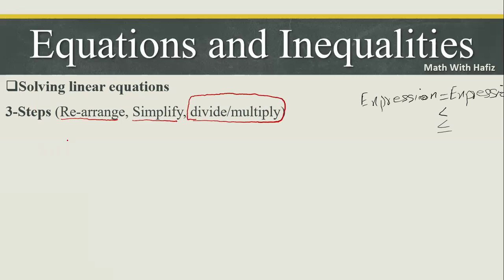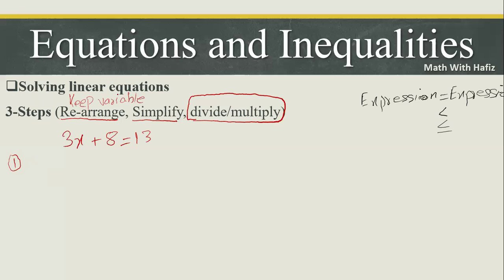Let's say we have 3x plus 8 is equal to, let's say, 13. All right, so what you have to do, first rearrange. What is the first step? First step means you will keep the variable on one side.